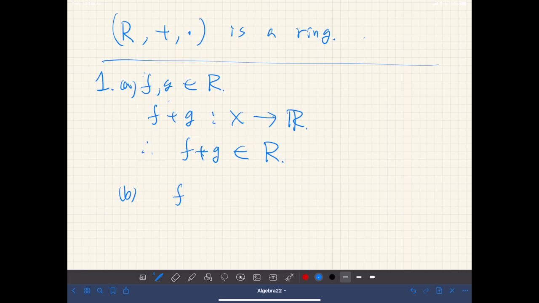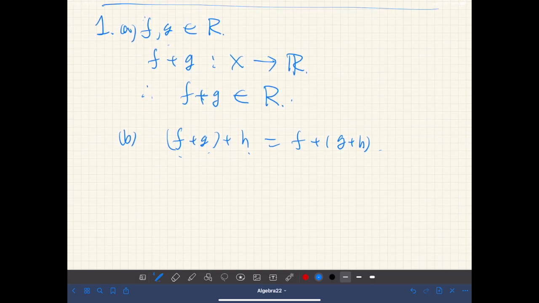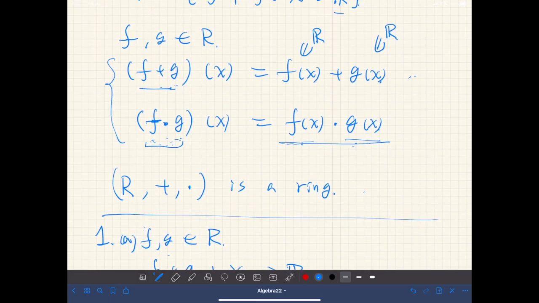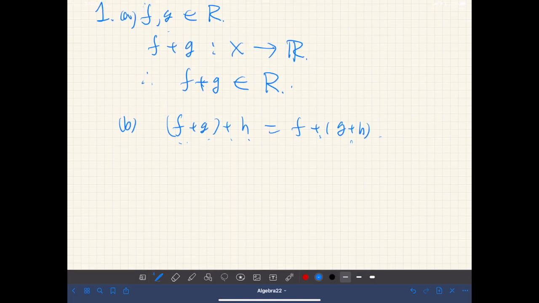We want to prove that (f plus g) plus h, of course f, g, h are all elements of R, is equal to f plus (g plus h), right? So how can we prove this? Since these additions are defined in terms of additions of real numbers, we apply this definition.